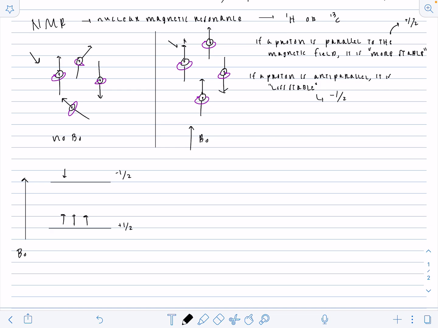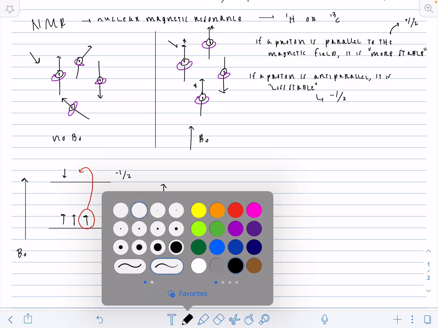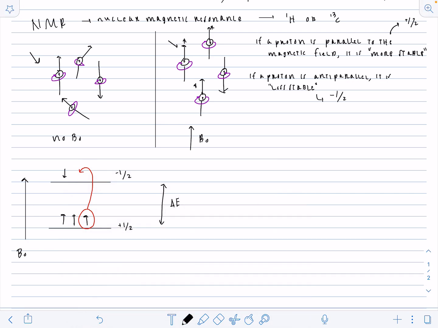We had 3 protons that were parallel, 1 proton that was anti-parallel, but after we shoot radiation at these particles, then what happens is one of these particles gets really excited. It's literally called excitation, and it's going to go into the higher energy state. It's going to switch spin states. And we care about this level of energy because we can't shoot radiation at these particles unless the radiation is at the same energy difference between the spin states.